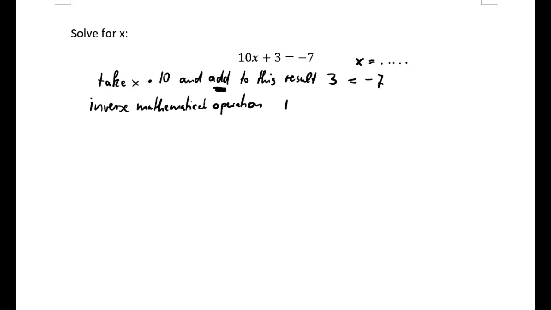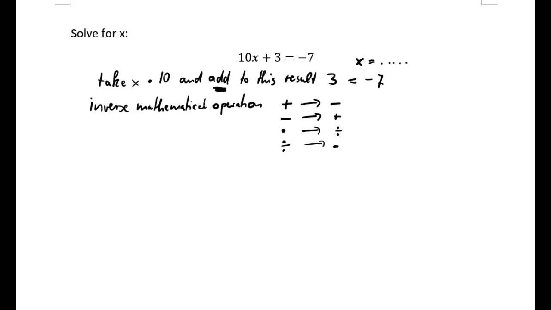For a plus, the inverse operation would be a minus. For a minus, the operation would be a plus. For multiplication, the inverse would be division. And likewise, for division, the inverse would be multiplication.